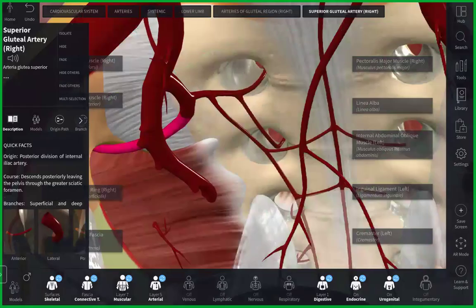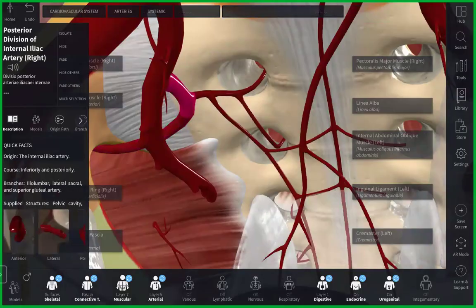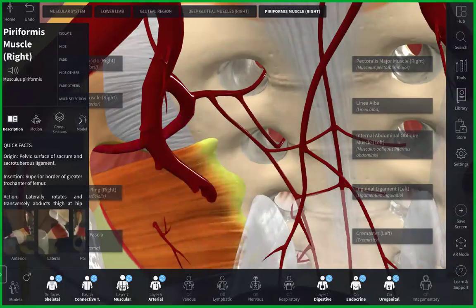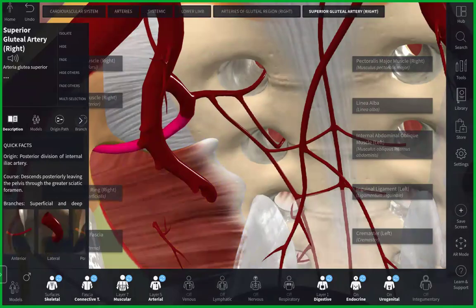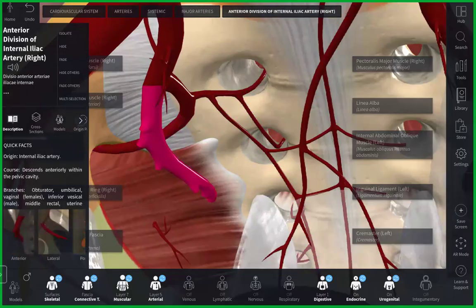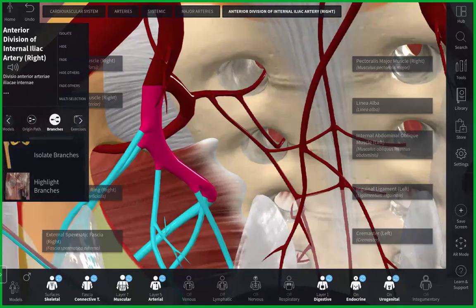It will give superior gluteal artery. That's the most important thing you need to know. That posterior division will give superior gluteal artery, and this is our piriformis muscle. Above piriformis, superior gluteal artery, superior gluteal vein, superior gluteal nerve. Okay, these are not important. Lateral sacral, forget it.